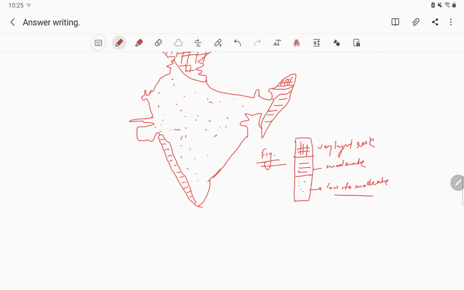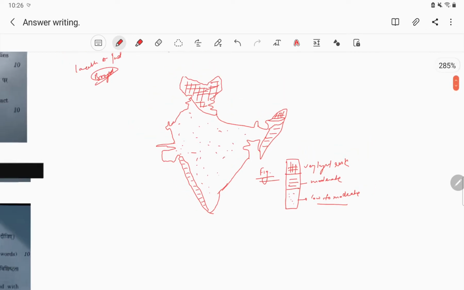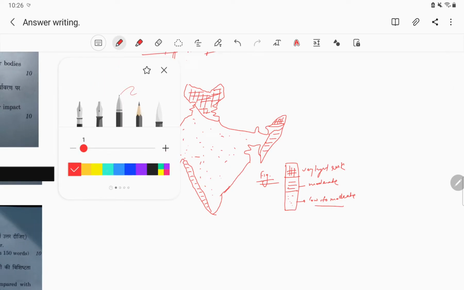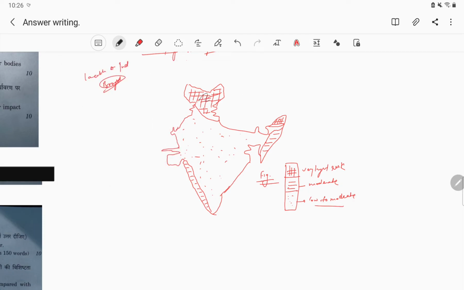And even if you have a two color pen, then you can write down here that this is a Himalayan region, and this is a Western Ghat region.